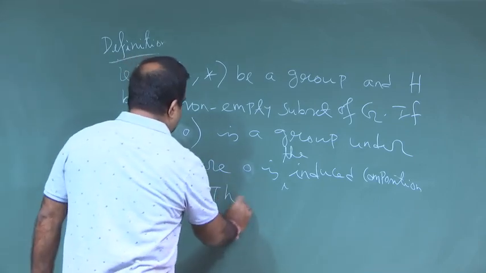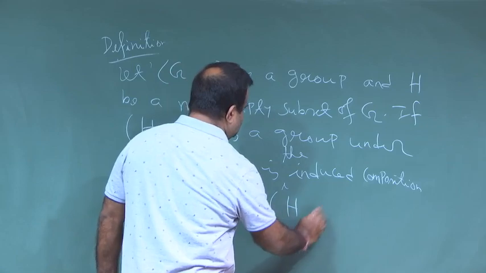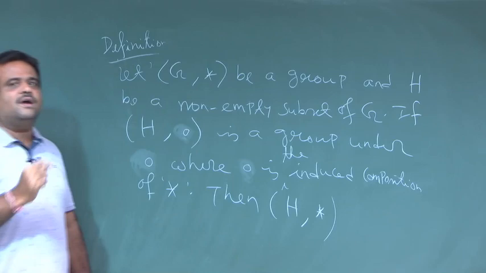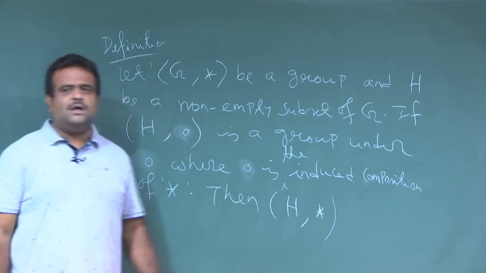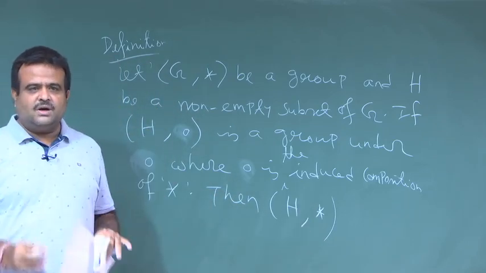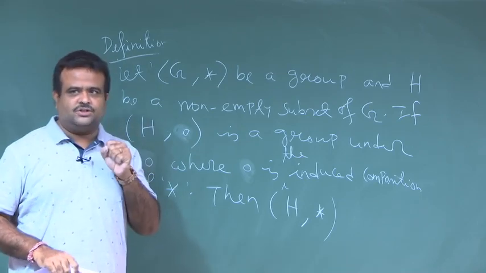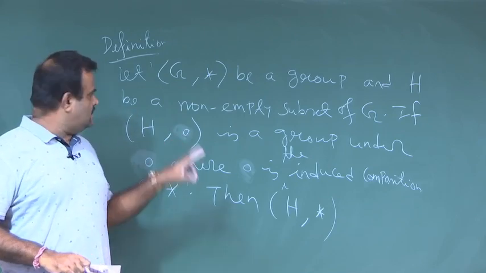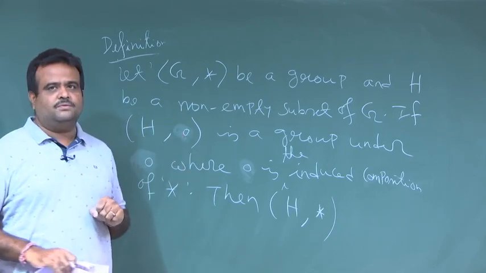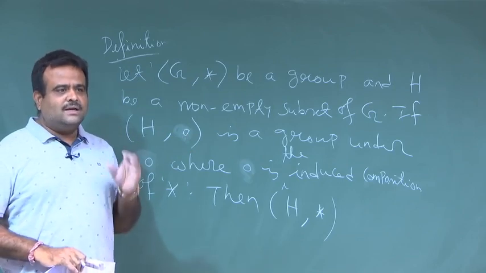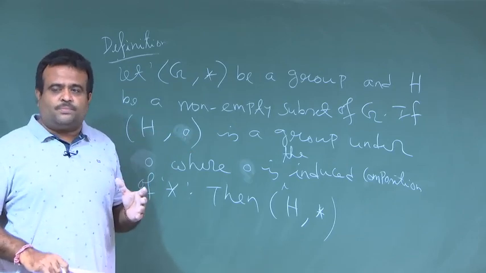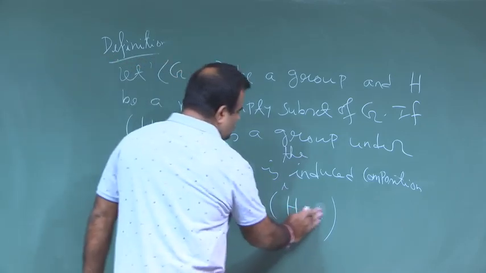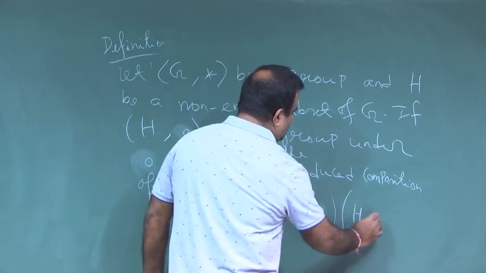Okay, then when we say star we have to be a little careful here, because star is usually the binary composition on G, but here we are restricting ourselves to H. Okay, so that is why it is better to use some other symbol, a small o kind of symbol, to indicate that this is an operator which is the induced operator of star on H. But anyway, sometimes we can just write star.